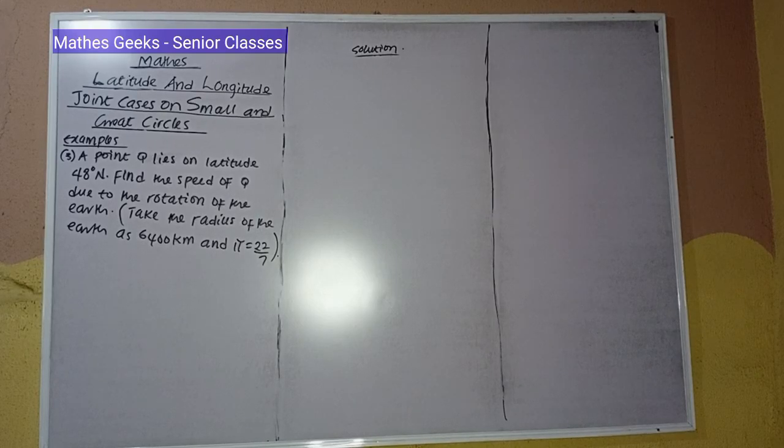A point Q lies on latitude 48 degrees north. Find the speed of Q due to the rotation of the Earth.